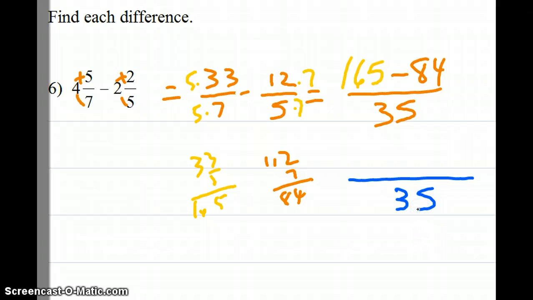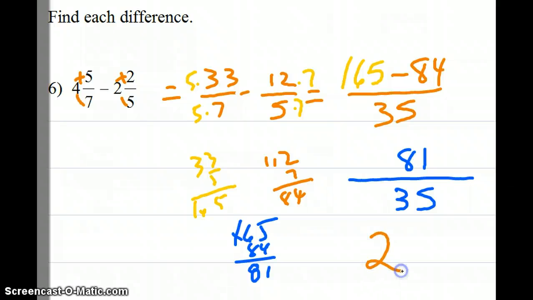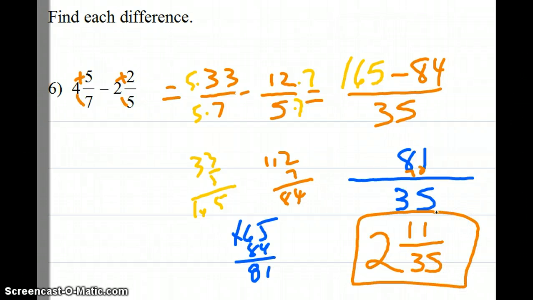Let's subtract this 165 and 84 to give us 81/35. Again, changing back to mixed, 35 goes into 81 2 whole times. That would give us 70, and 81 minus 70 is 11/35 for our final answer.